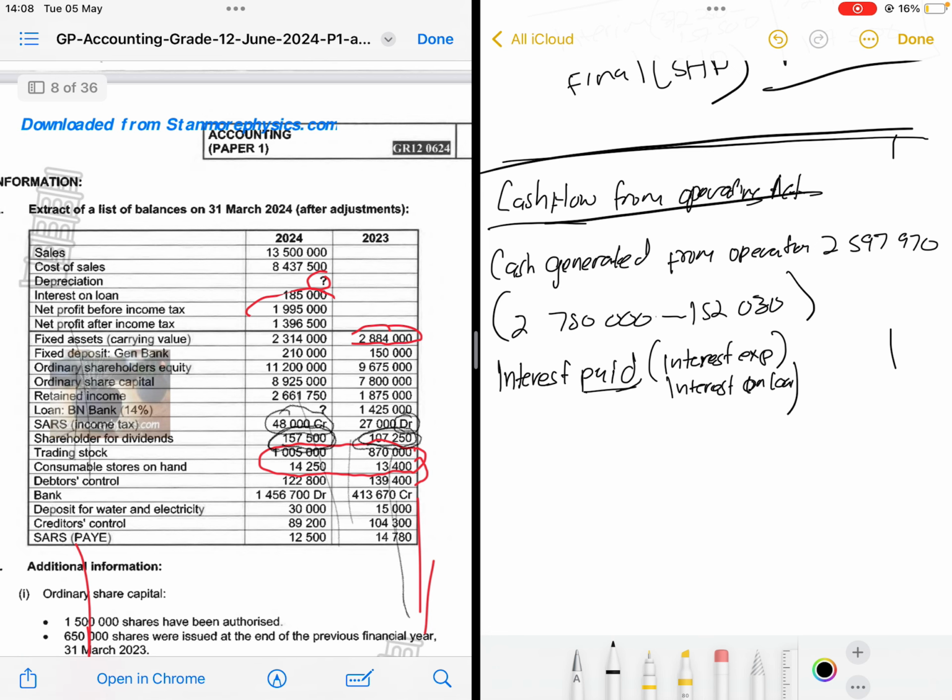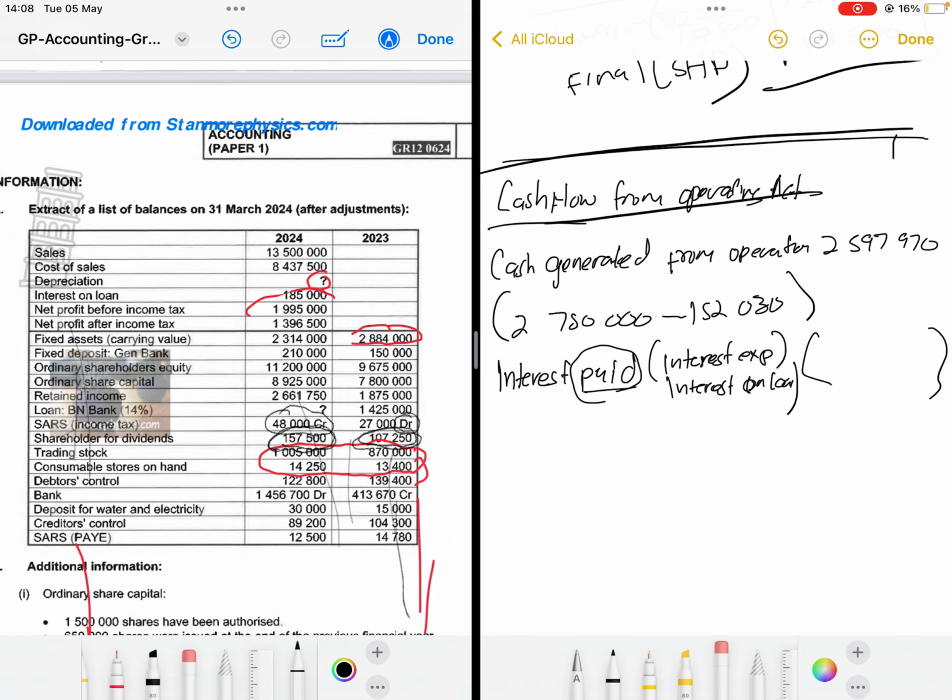Now, for the fact that it's paid, it is outflow. Money went out. So the interest on loan is 185,000. Therefore, now I'll go to dividends paid.